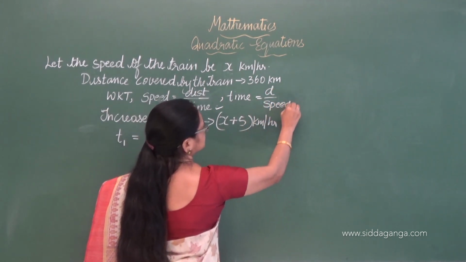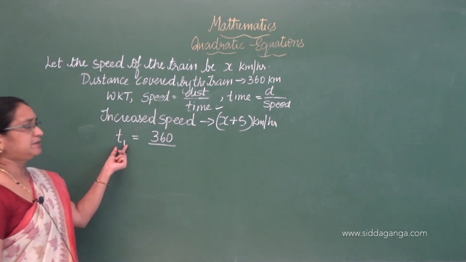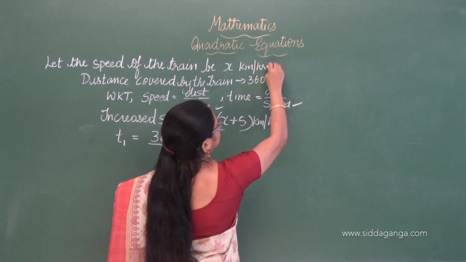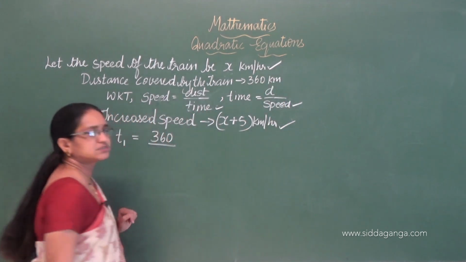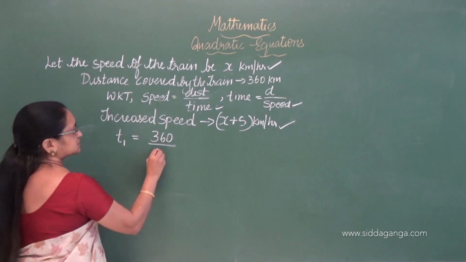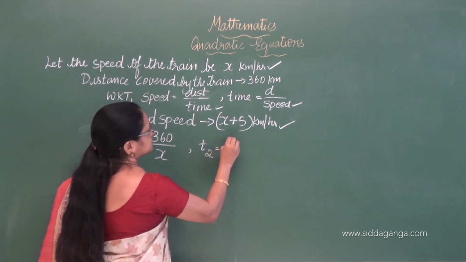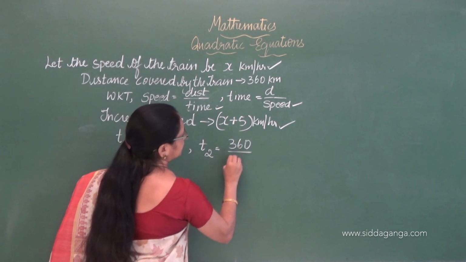I hope you know this. So time T1 is 360 by x, and T2 is 360 by x plus 5, since there are two speeds, one is x and the other is x plus 5.